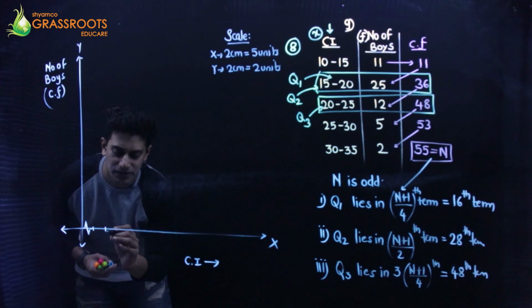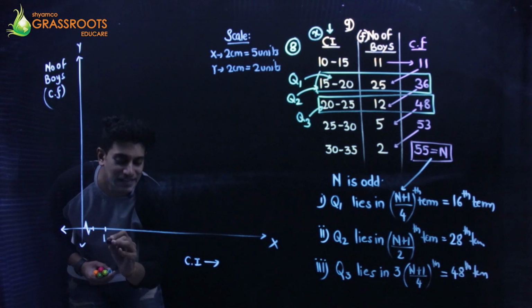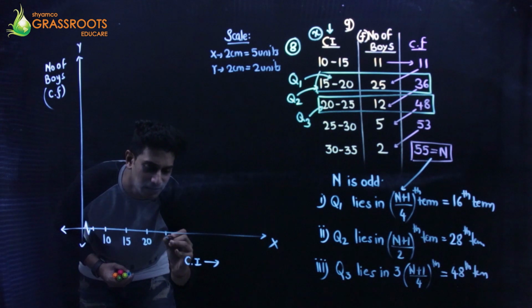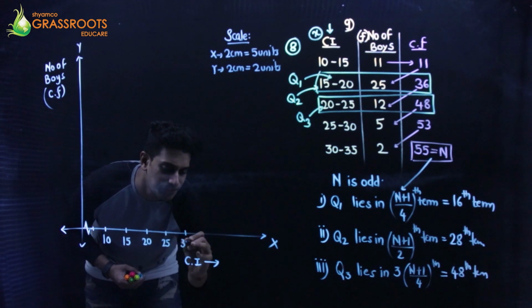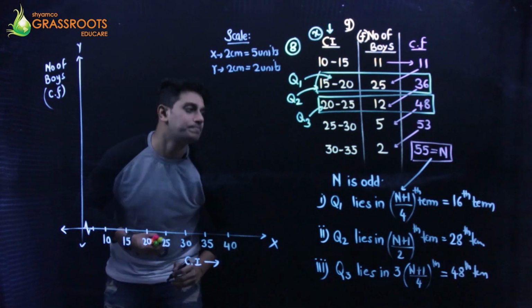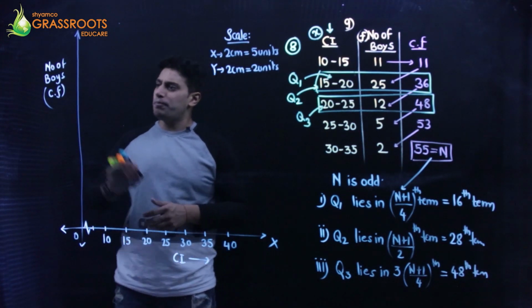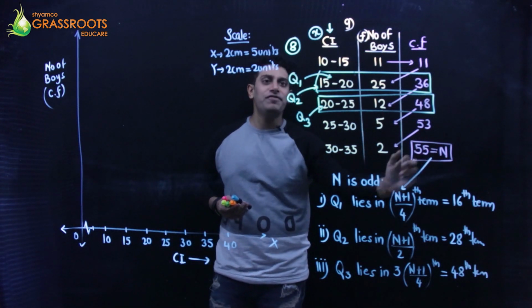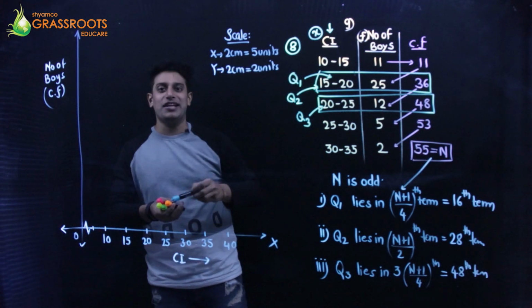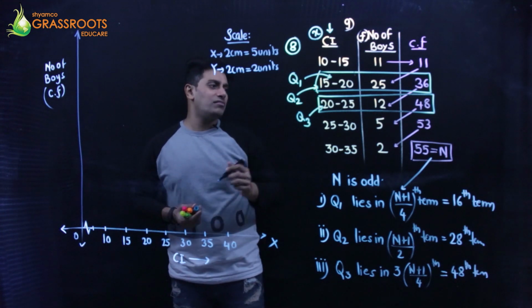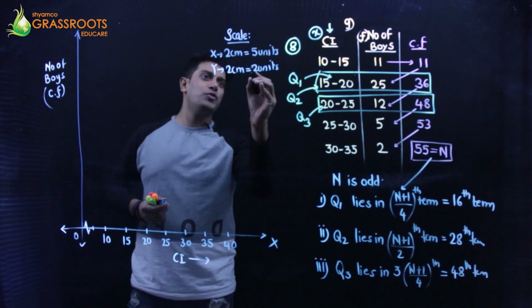You can have this as 10, 15, 20, 25, 30, 35, 40. Now, we are going to plot CF. Maximum CF is going till 55. So 2 units you can't take, it's going to go out of the league. You can take 4 units or 5 units.